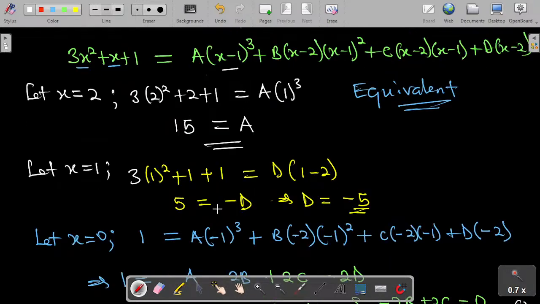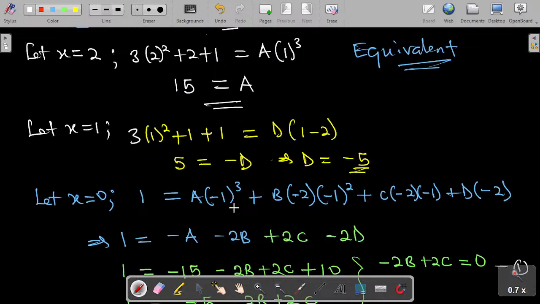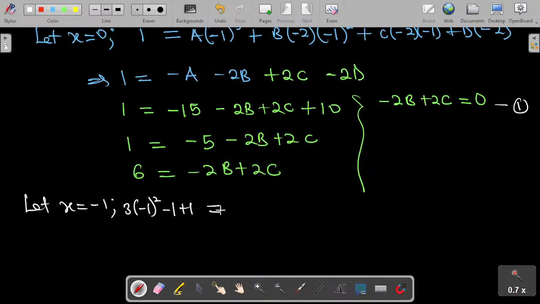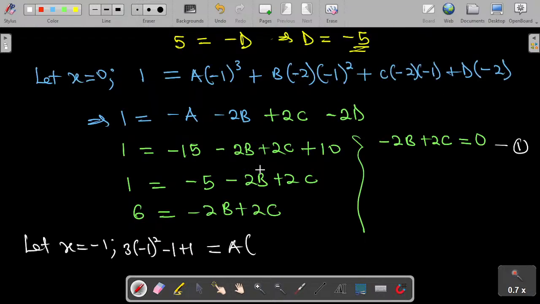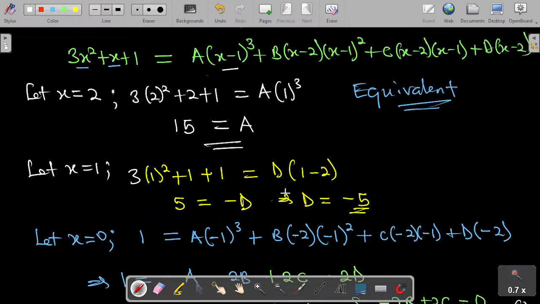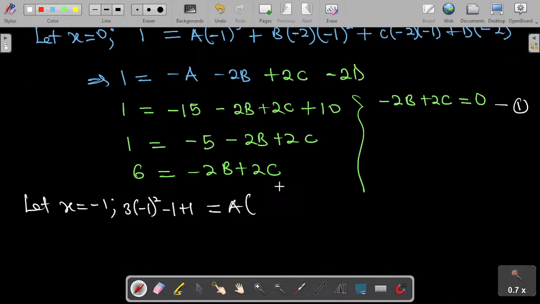Yes, it's going to be equal to our A multiplying x minus 1, and x minus 1 is going to be minus 1, which will give us minus 2 raised to power 3.